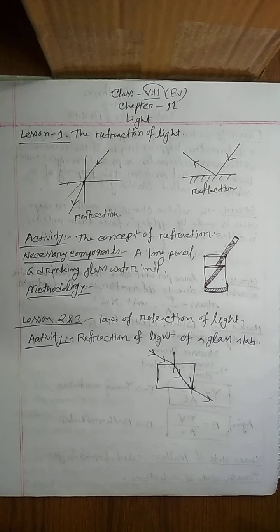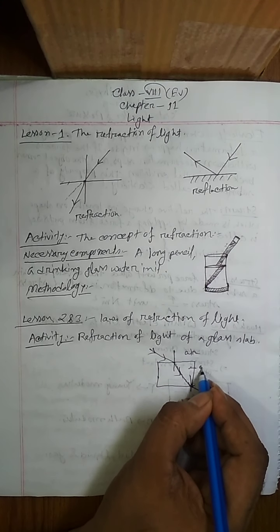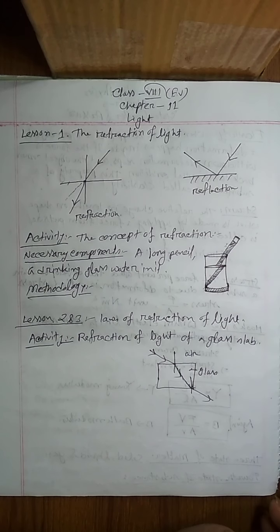Here, light enters from the rarer medium, air, to the denser medium, glass.